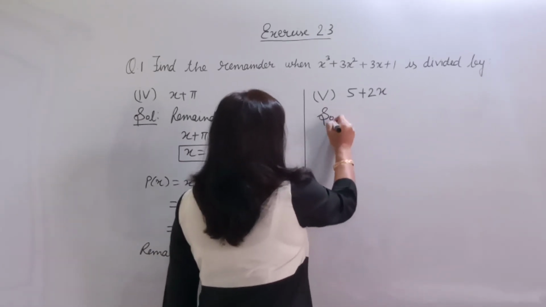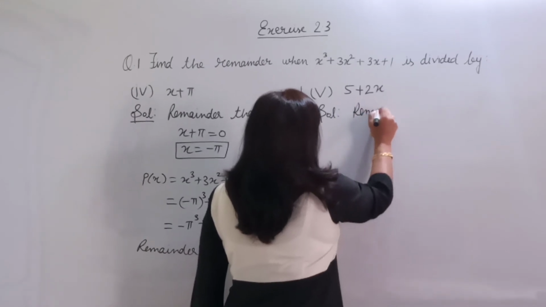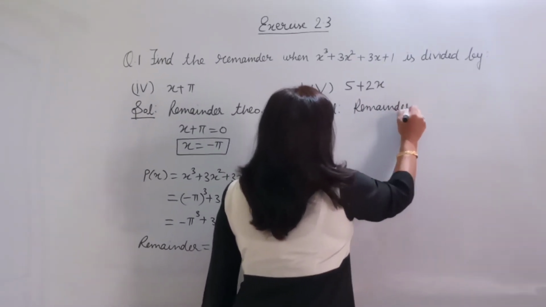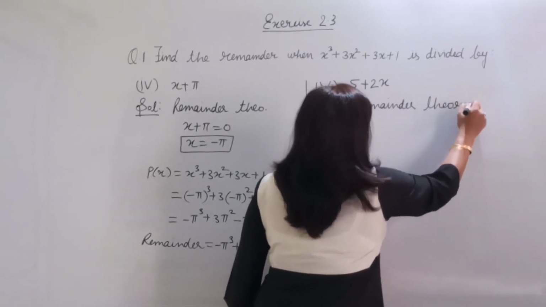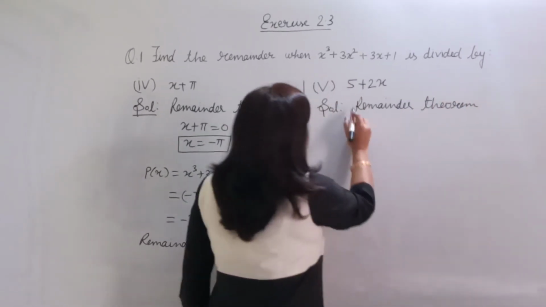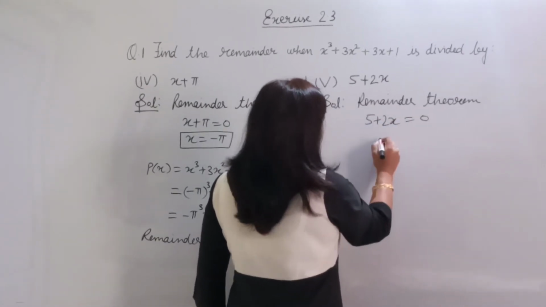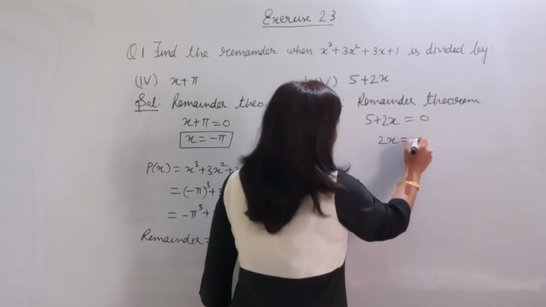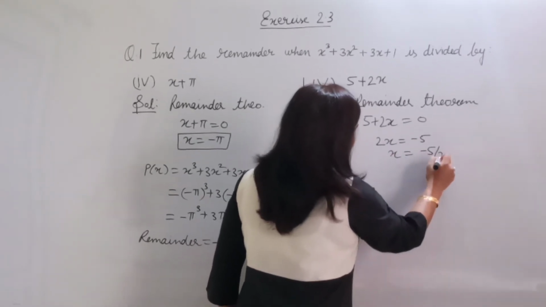Now we will start the solution. So according to the remainder theorem, 5 plus 2x is equal to 0. So 2x is equal to minus 5. x is equal to minus 5 upon 2.